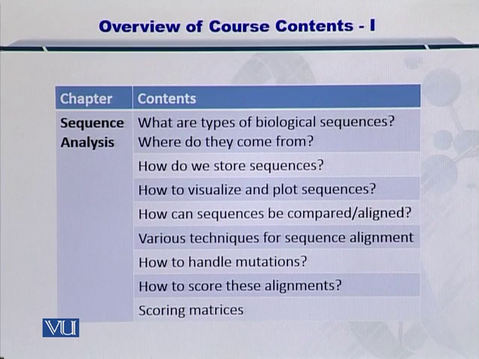We will see how mutations, insertions, and deletions can be handled in the sequence analysis, followed by the scoring schemes to rank the comparisons. Next, we'll see how scoring matrices are useful in scoring the comparisons.